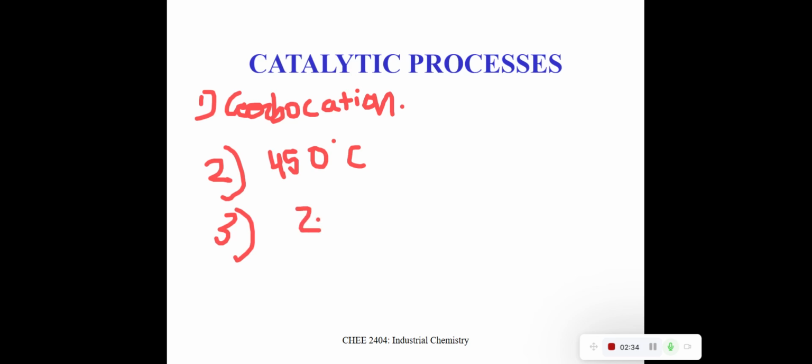The final products are used as motor fuel oil.